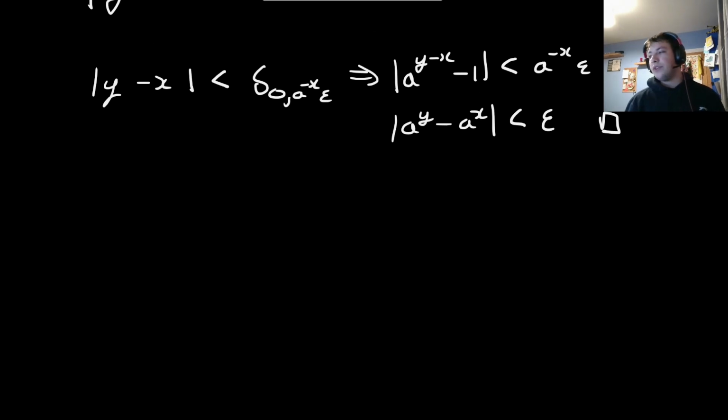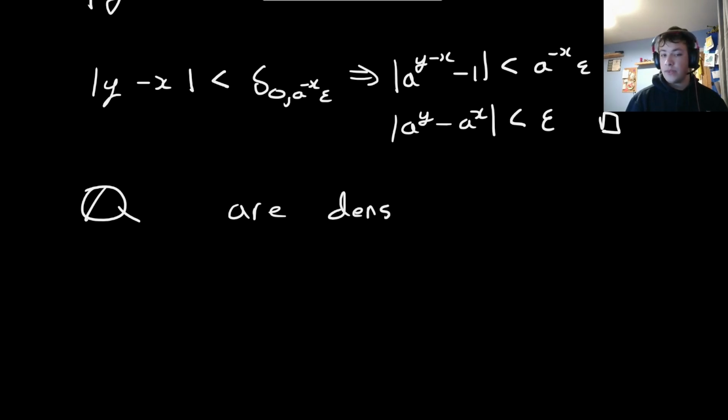And then we use this fact that the rational numbers are dense in the real numbers. And so a non-technical way of explaining this statement is that every real number is infinitely close to infinitely many rational numbers, right?